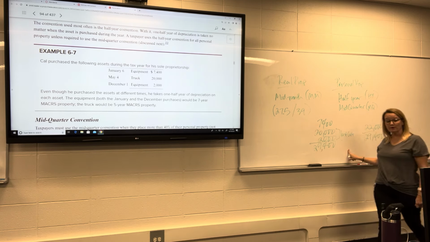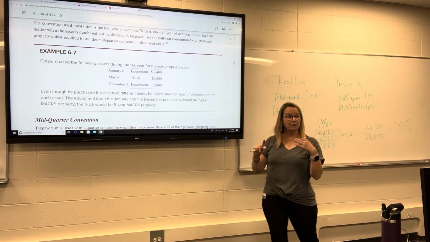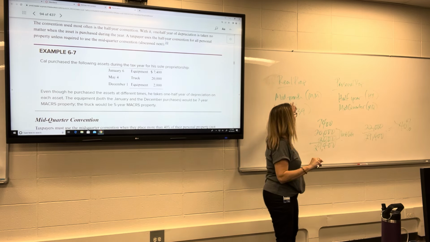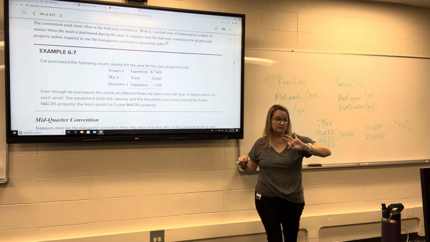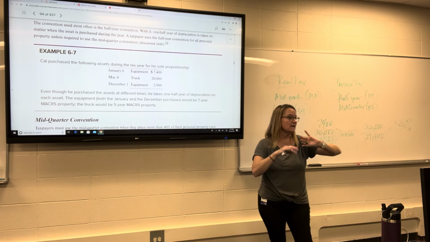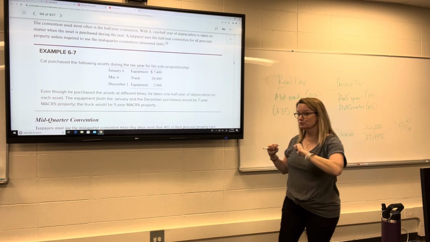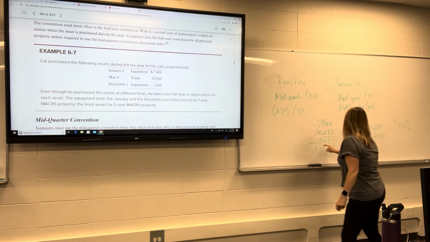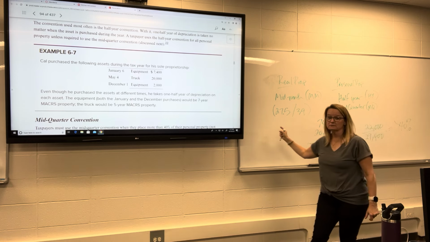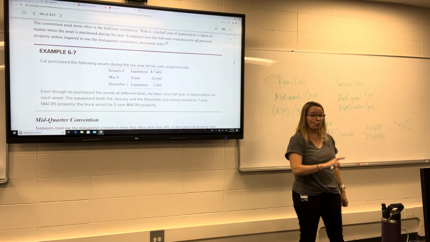That means that more than 40% of our personal property, we're not going to include real property, only personal property. It has to do with the value of the property, not the number of items. It just has to do with the value of the property placed in service. In this case, more than 40% was placed in service during the last quarter of the year.